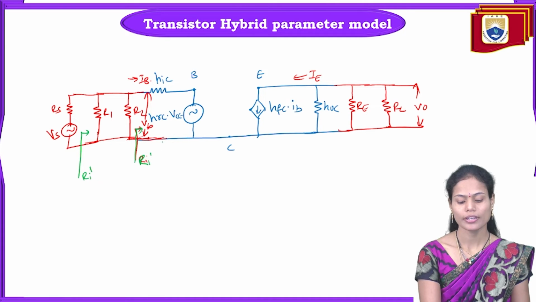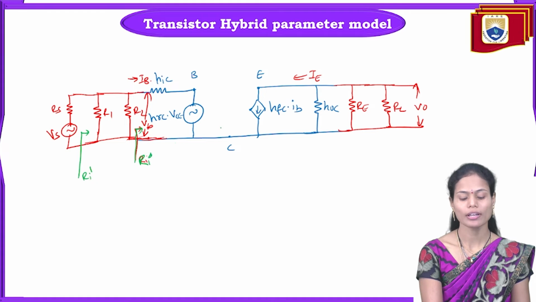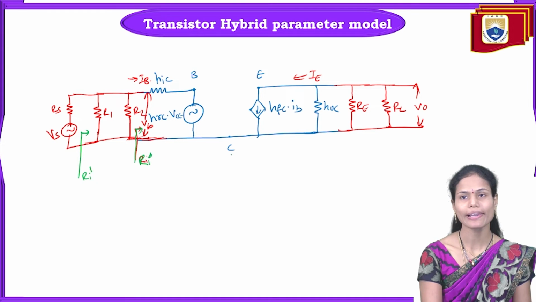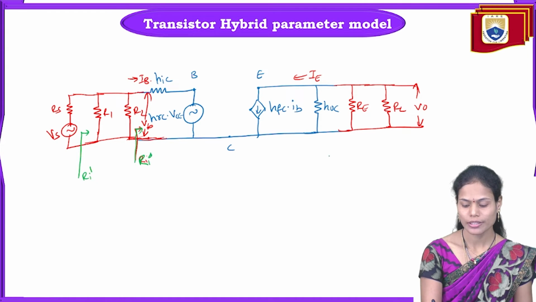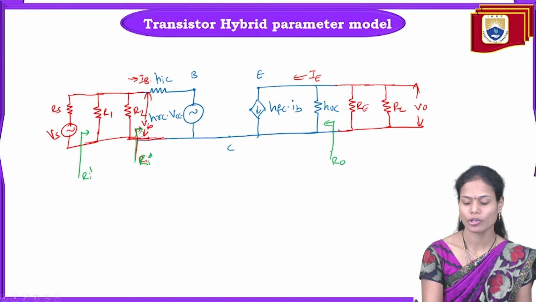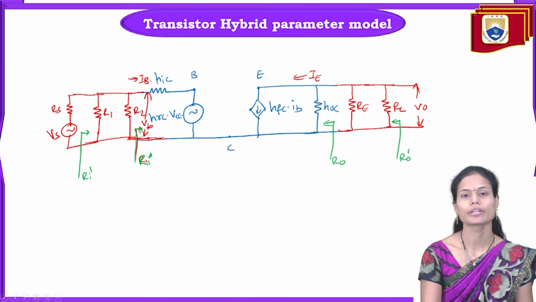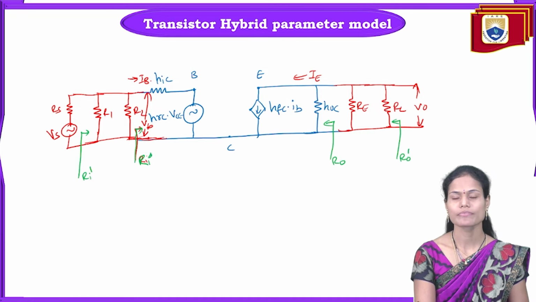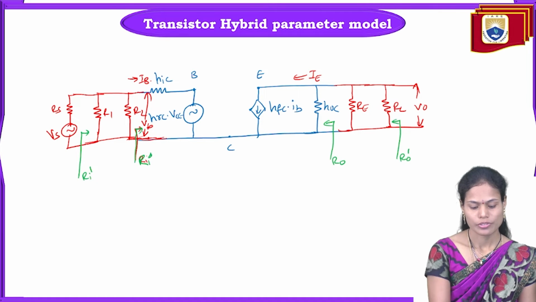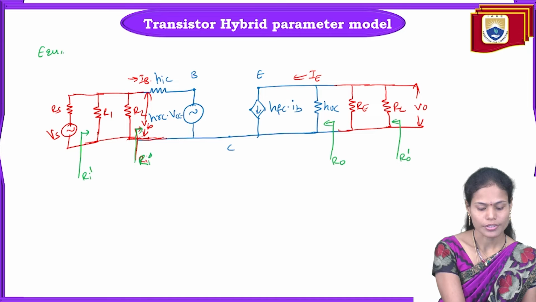So this is RI from only the hybrid model, and RI dash is for the overall amplifier. Similarly, R0 is the output impedance of the hybrid model, and R0 dash is the overall output impedance of the amplifier circuit. So this is the equivalent circuit.